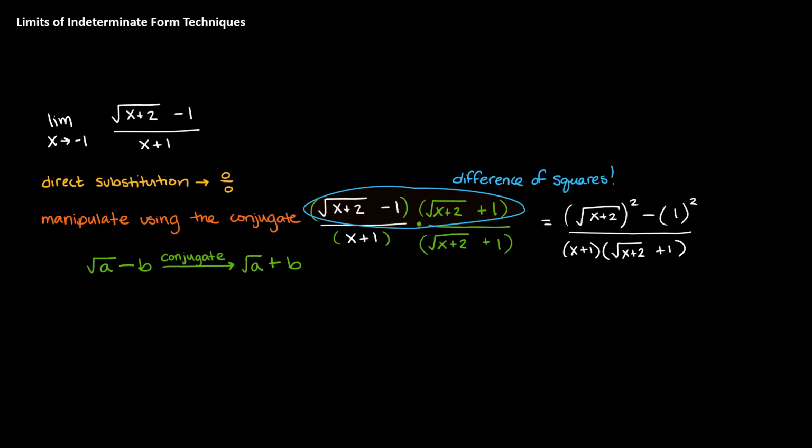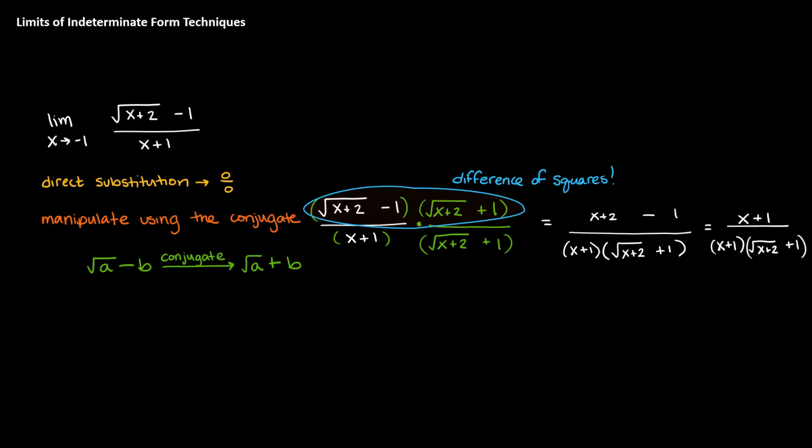This is where we're creating a difference of two things that are being squared. And if we simplify, the square root being squared goes away, and 1 squared is just 1. So our function reduces to x plus 1 all divided by x plus 1 times our conjugate.